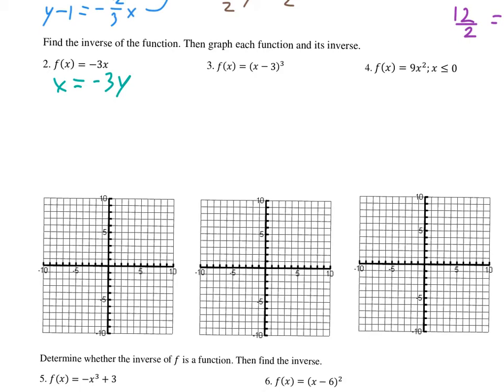Now, isolate the y. To get rid of that negative 3, we divide both sides by negative 3. Those cancel out there. We get x over negative 3 is equal to y.